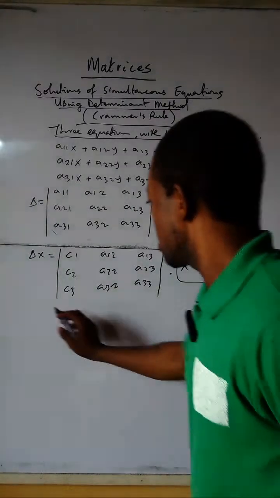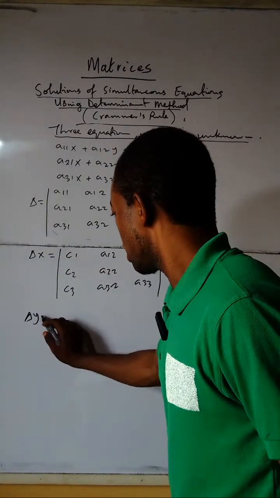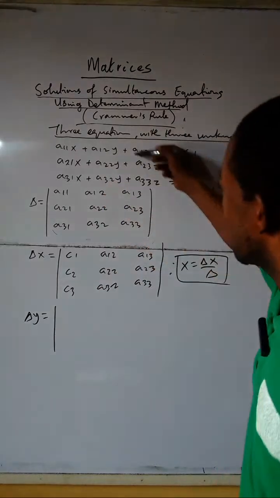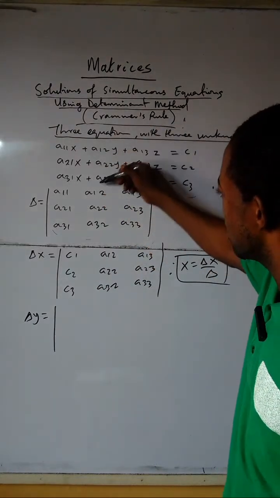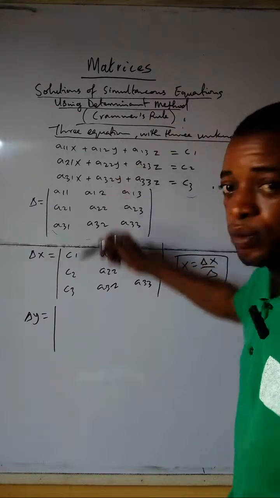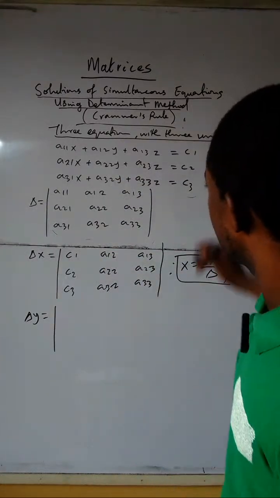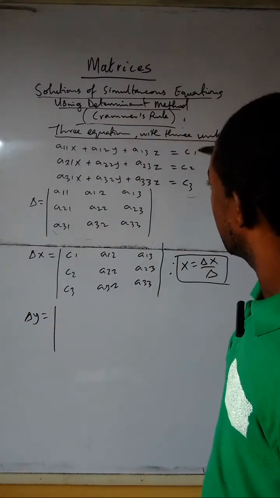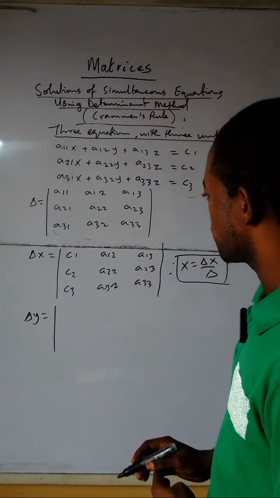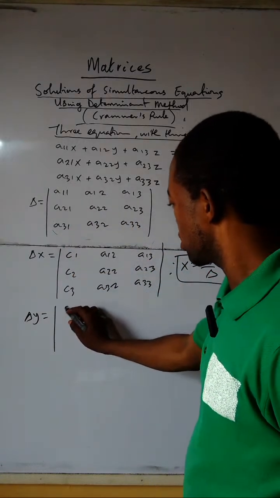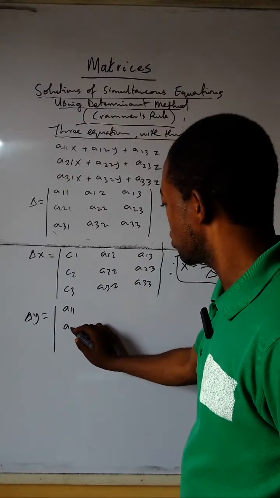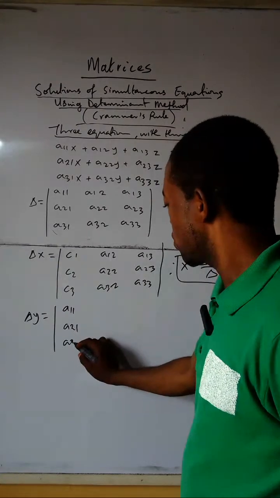Now, the same thing for y. For det y, we are going to replace the column of y, which is the second column, with the constants on the right hand side. Then we maintain the other ones. That is, here we have a11, a21, a31.